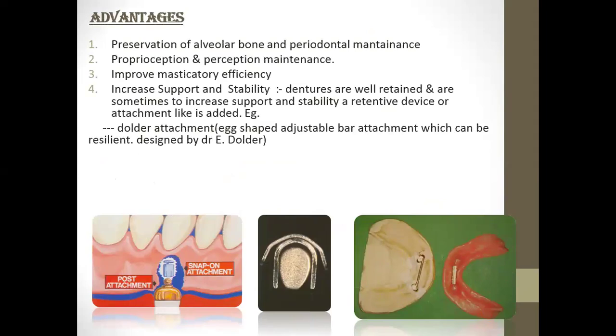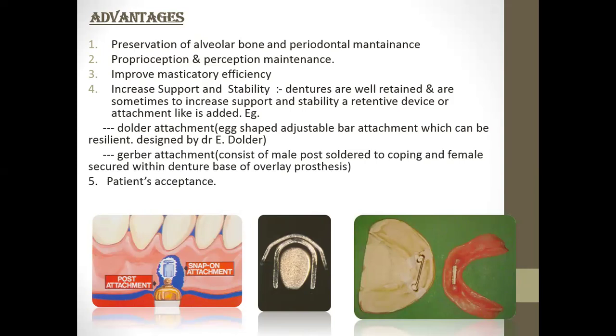And as we discussed before, preservation of alveolar bone would be the primary advantage. Other advantages would be maintenance of proprioception, increased masticatory efficiency, and increased support and stability. All that would be your additional advantages that you get with overdenture treatment.